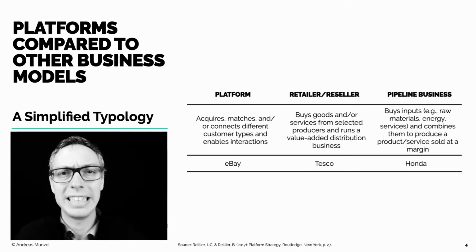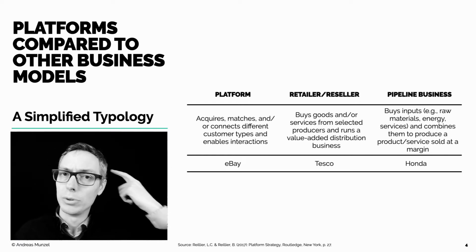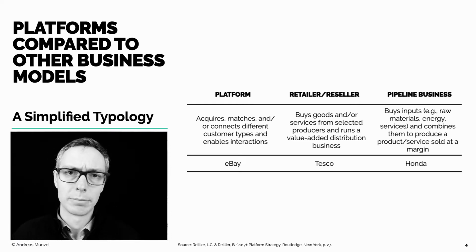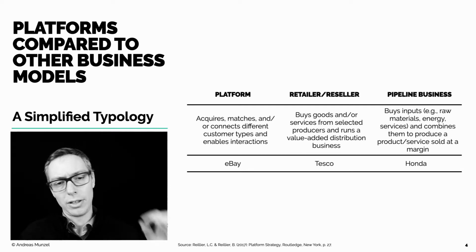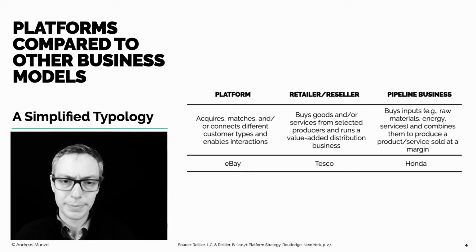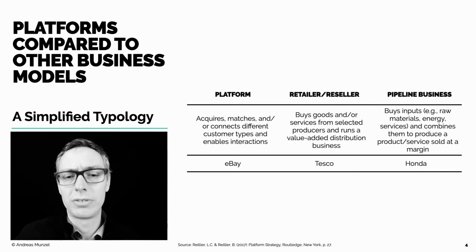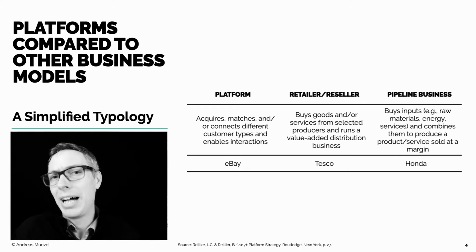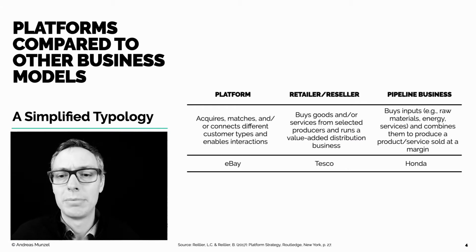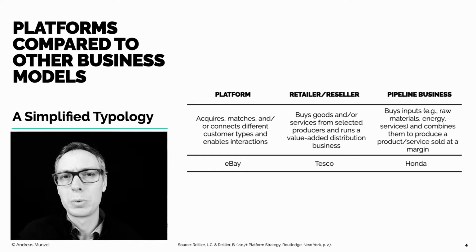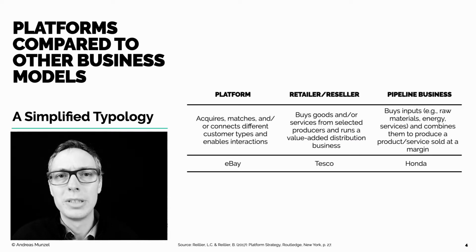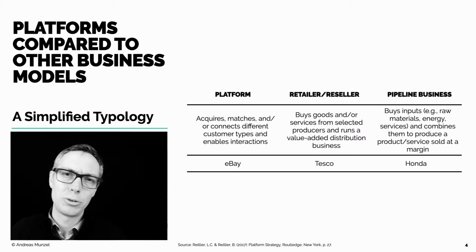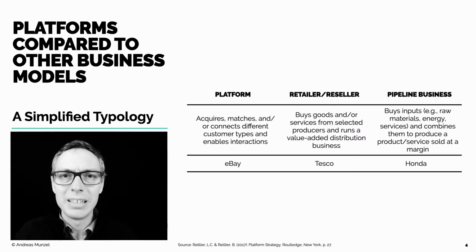I have added 3 examples here to give you typical companies or firms in the 3 business model types. For a pipeline business, let's take the automotive industry like Honda, or the aeronautics industry with Airbus, for example. Typical pipeline business, at least to a major account. We'll look into that today with bigger companies especially, the distinction is not that simple anymore.